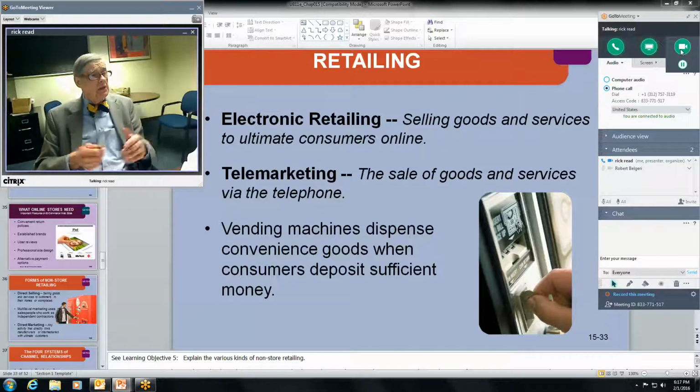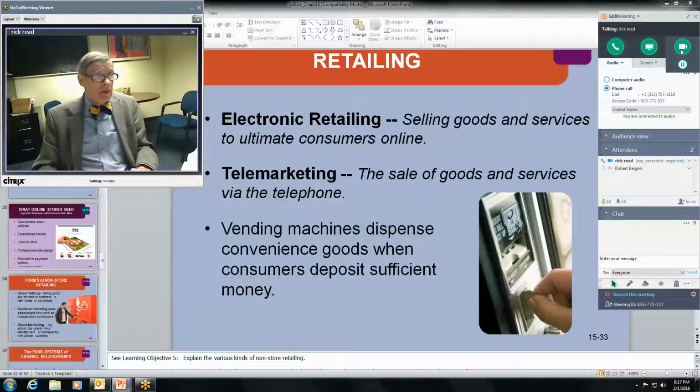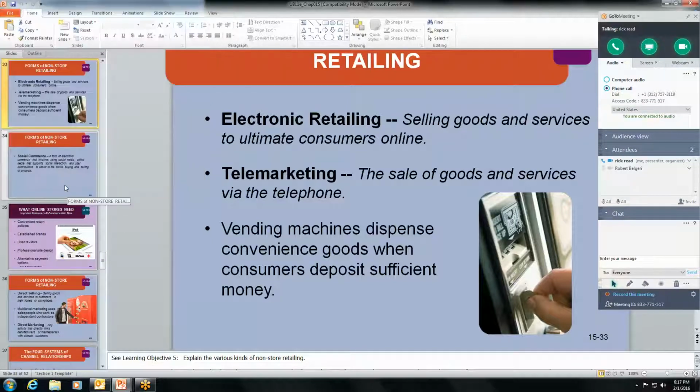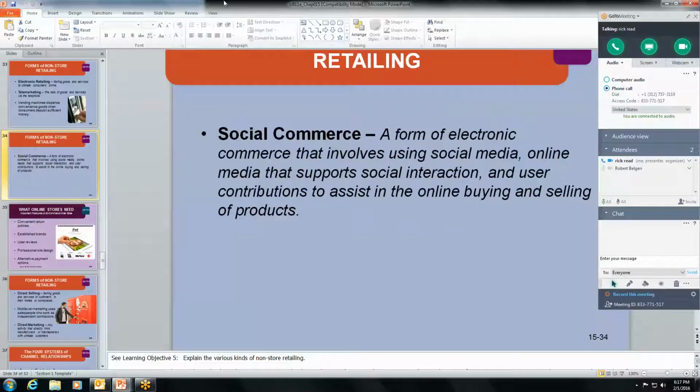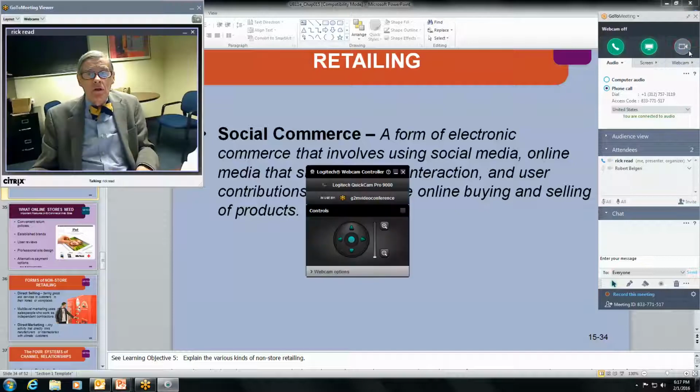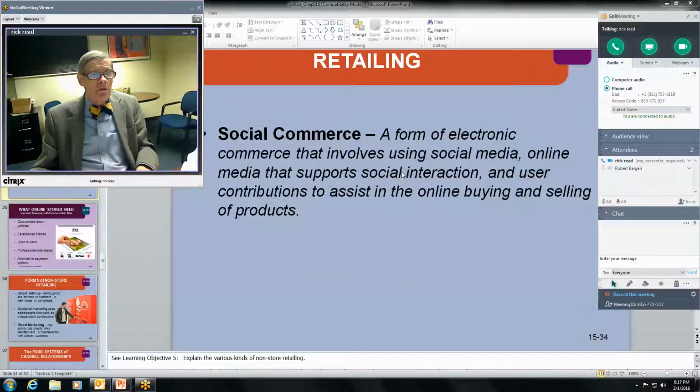And then we have things like vending machines, etc. Those are things that we have that are non-store retailing that we are very familiar with. And then there's this other one called social commerce. This is also electronic commerce that involves using social media. So it's a double whammy if you want to talk about it in that fashion.